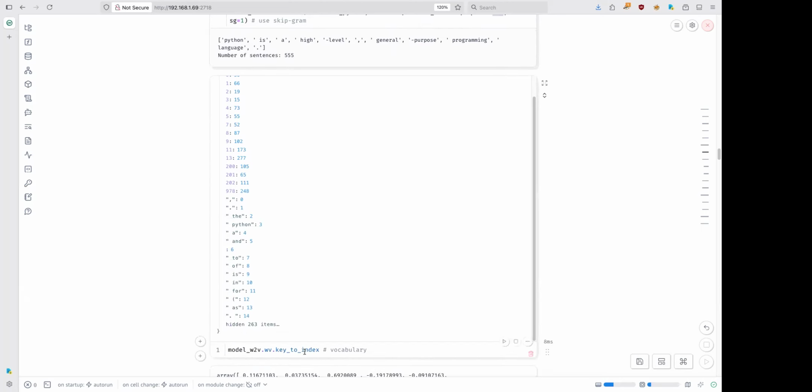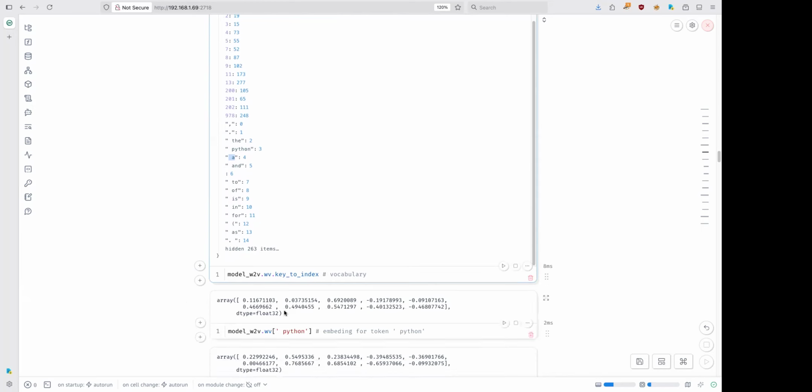We can have a look at the tokens generated by the tokenizer. We see that Python is number 3, A is number 4, and so on and so forth. This is our vocabulary. And then we have word vector. You see here WV, it means word vector. It works like a Python dictionary.